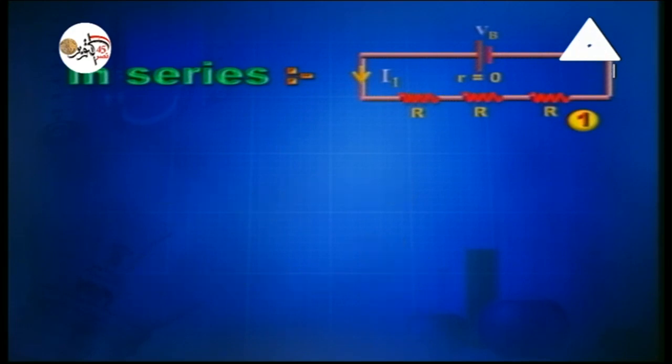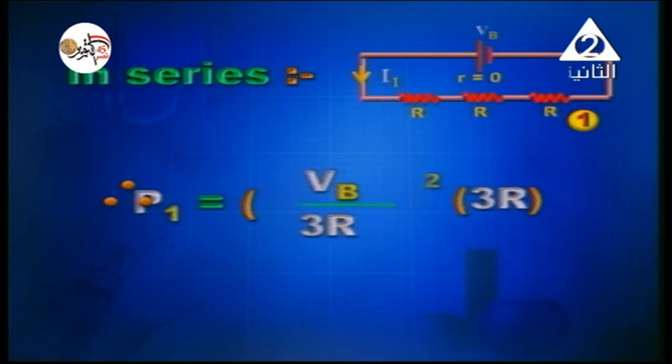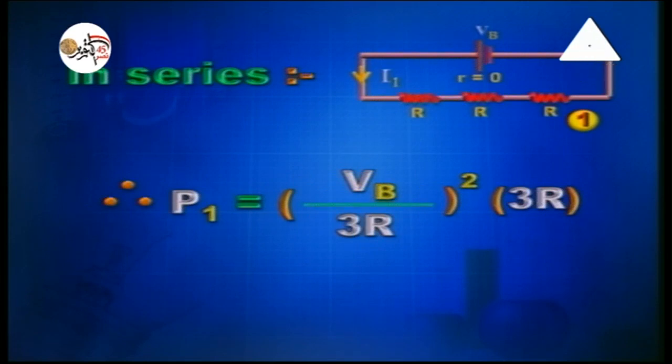And how to determine the power? We've got three expressions. One of them is I squared R equivalent. So I1 squared R equivalent, and I1 is equal to V battery over 3R. So V battery over 3R all squared times 3R. Why 3R? We are talking about the whole circuit, so the equivalent resistance of the whole circuit, which is equal to 3R.